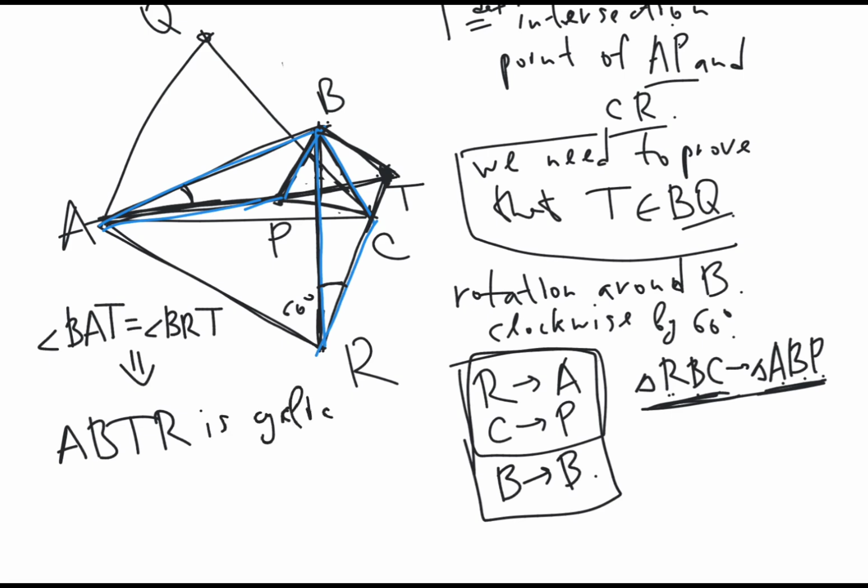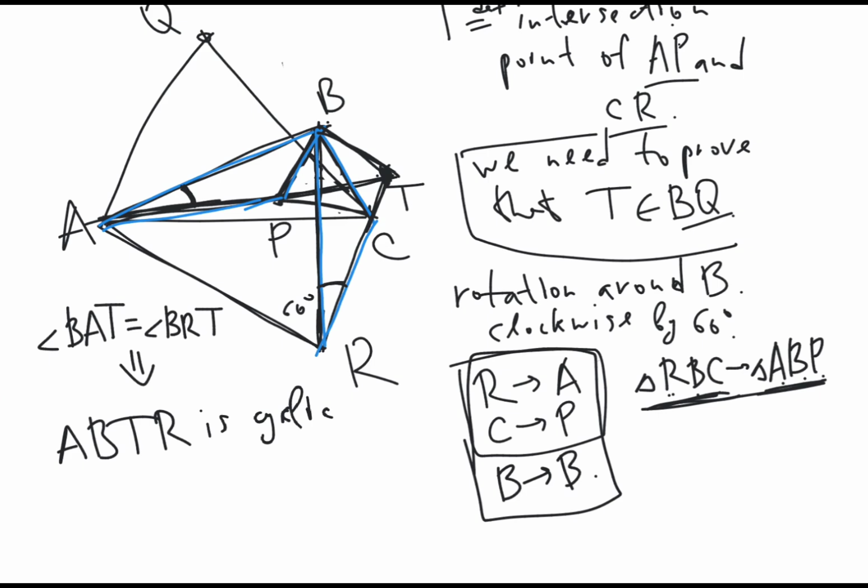Cyclic means that it's inscribed in a circle, so there is a circle that passes through all four vertices of this quadrilateral. This is one of the criteria of a cyclic quadrilateral, that these two angles are equal to each other.